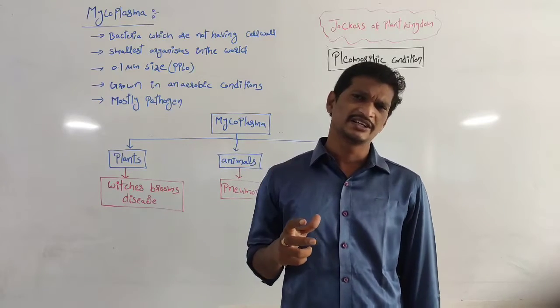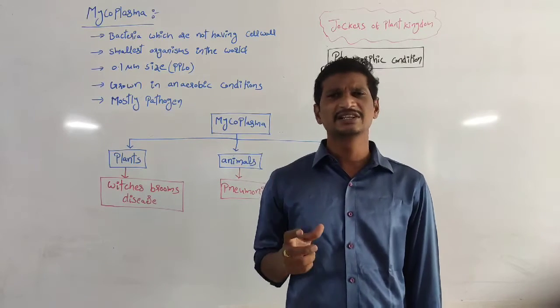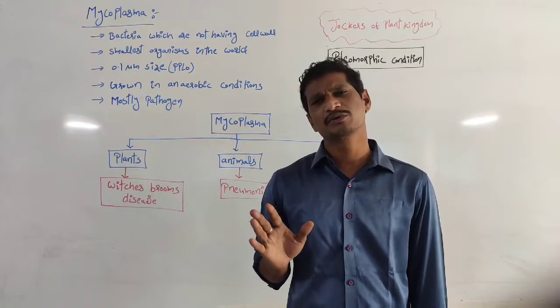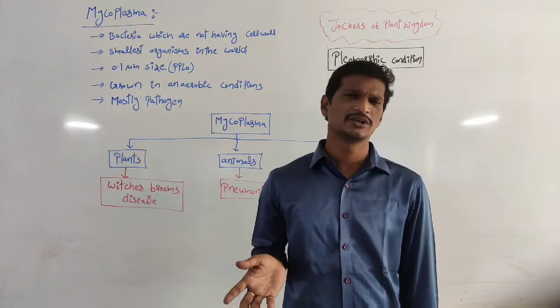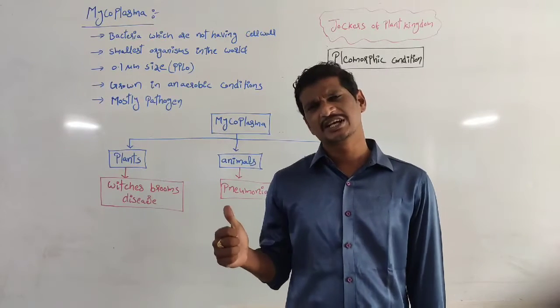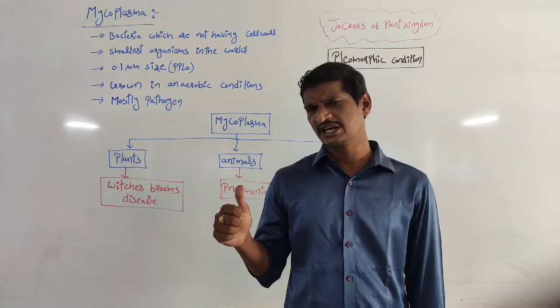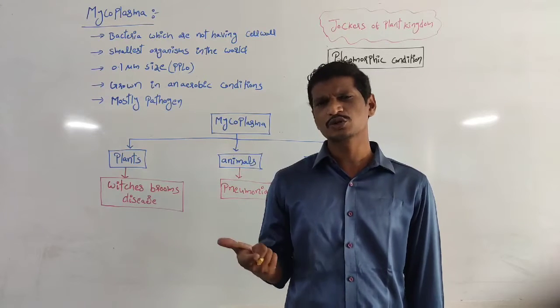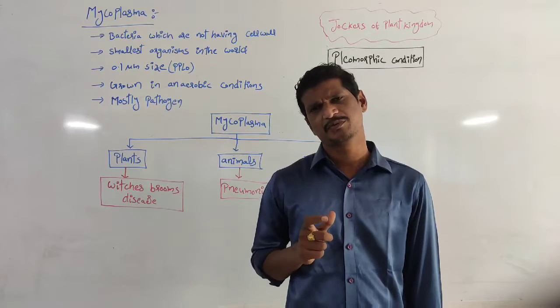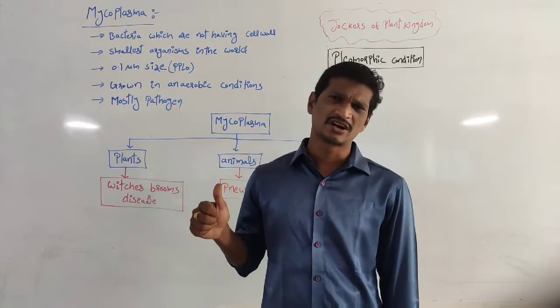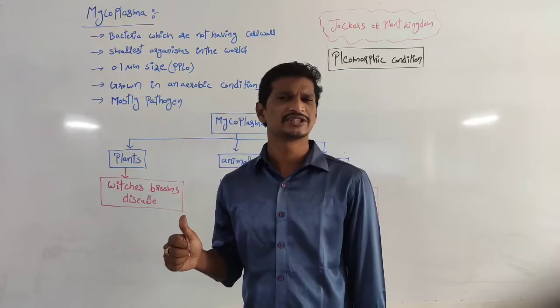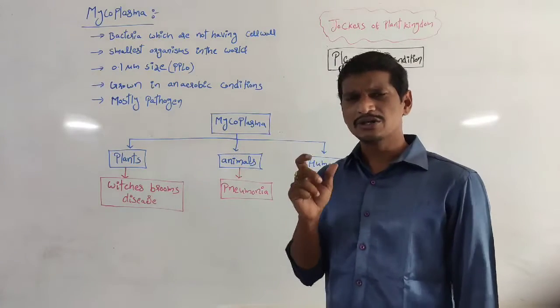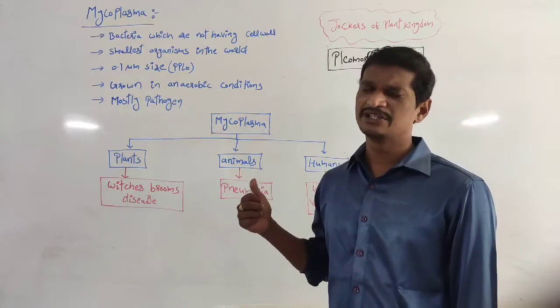These bacteria maintain their shape by the plasma membrane only. Because there is no cell wall, a constant shape is not maintained by these organisms.